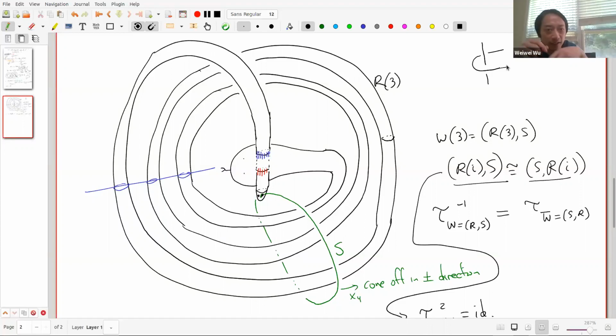Right. I think I understand this point. So what I'm wondering is, if the snake's head backs off, then gradually this immersion in the projection will disappear. The red and the blue will get closer and closer to each other, right?